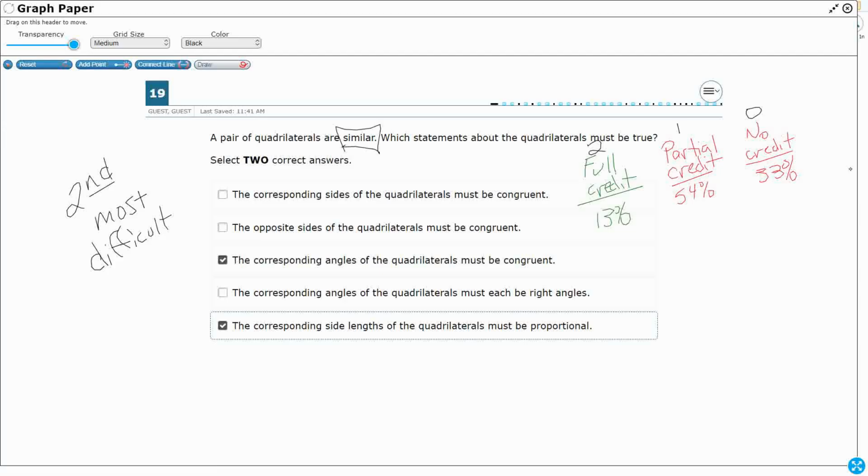What is a similar quadrilateral? What is a congruent quadrilateral? I think most students were probably able to figure out corresponding sides, opposite sides, though there might have been a little bit of confusion between corresponding and opposite. They're still just looking at the sides, but it's the fact that we're dealing with proportionality, similarity, and congruence. This is a problem that relies heavily on vocabulary.